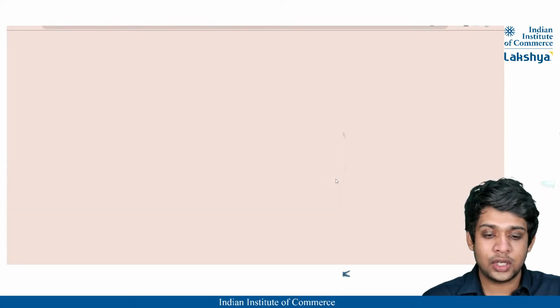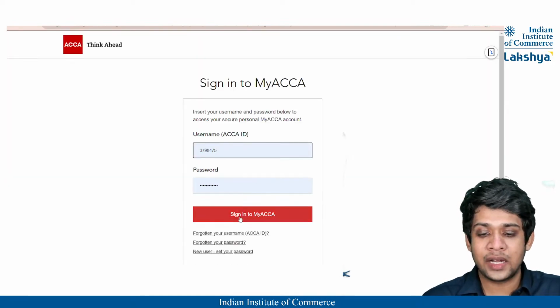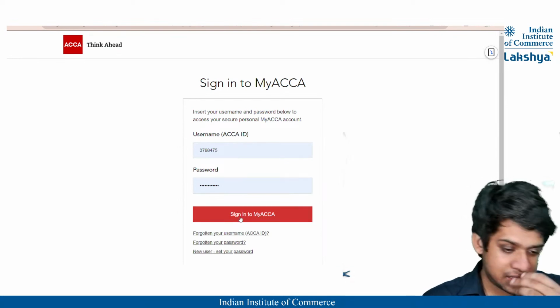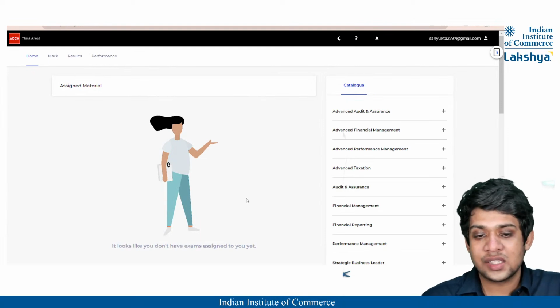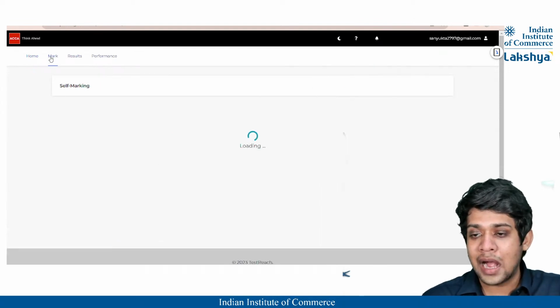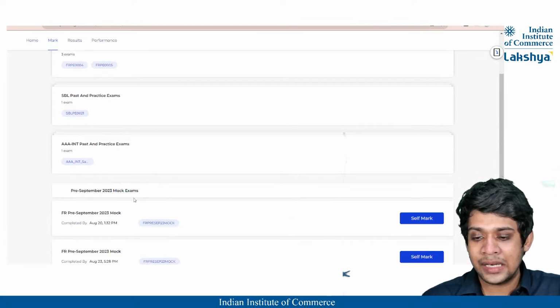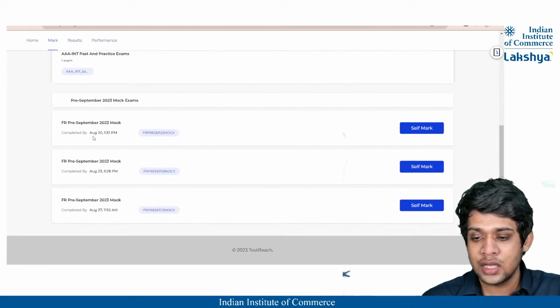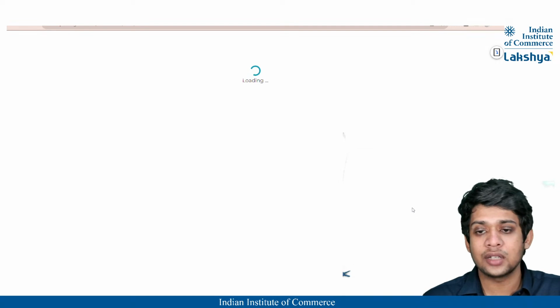From there, we'll log into our practice platform, stating our credentials and logging in to the website. Once we log in, we will go to mark to identify the examination that we've given. So you can see a pre-September 2023 mock exam. The examination that we have given is yesterday, that is August 27th. So I click here, self-mark.